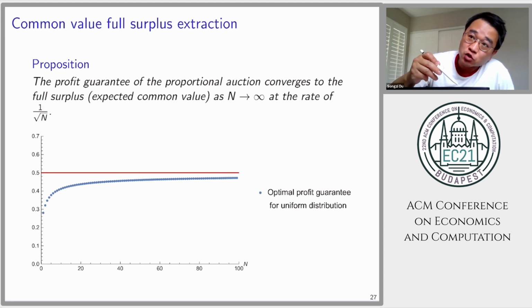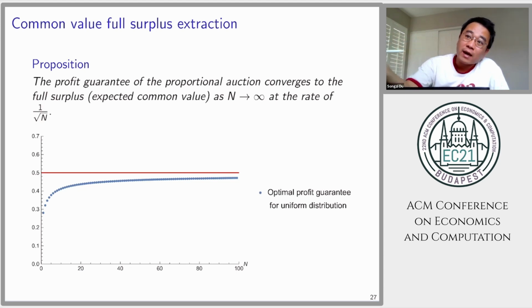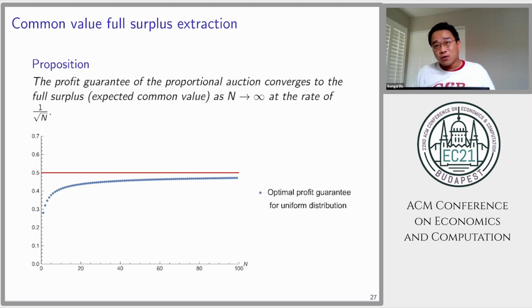We get 1 over square root of n because we are adding independent signals. So very naturally, we run into the central limit theorem in the worst case min to max information structure where all of the signals are independent.